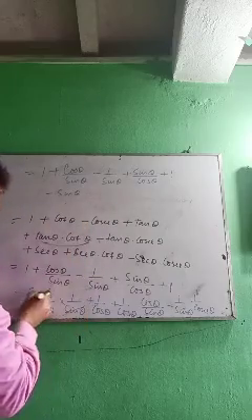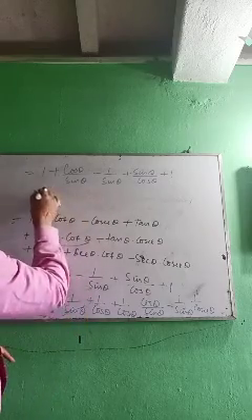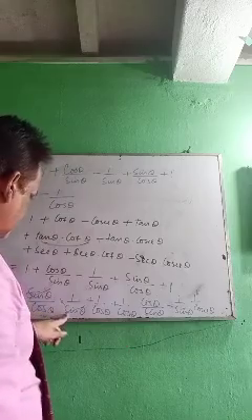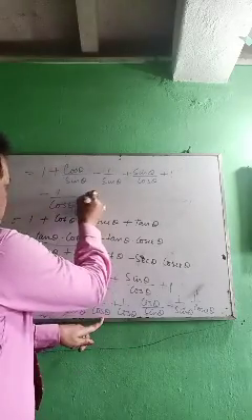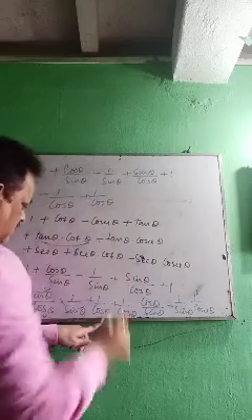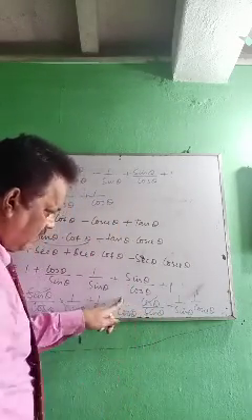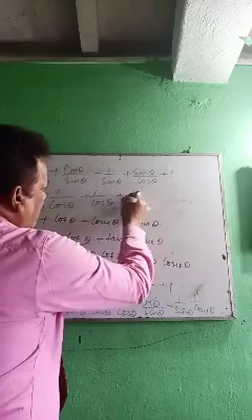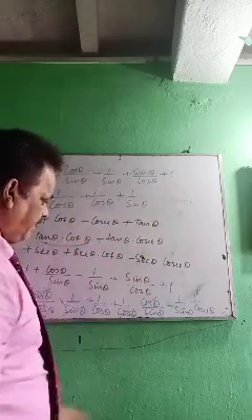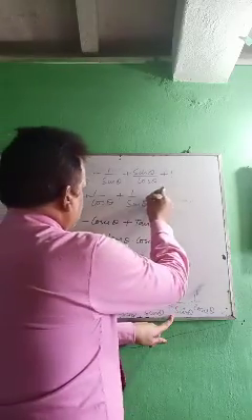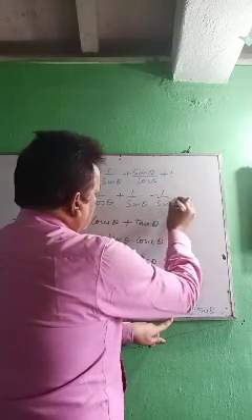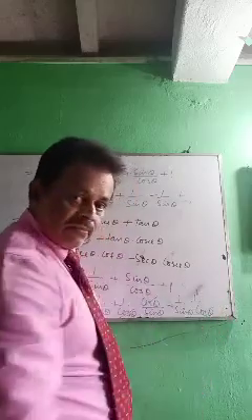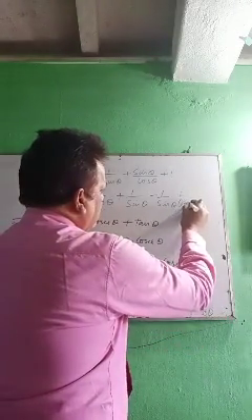The sin cancelled here. Then minus 1 by cos theta, plus 1 by cos theta, then cos cancelled, plus 1 by sin theta, then minus 1 by sin theta into 1 by cos theta.